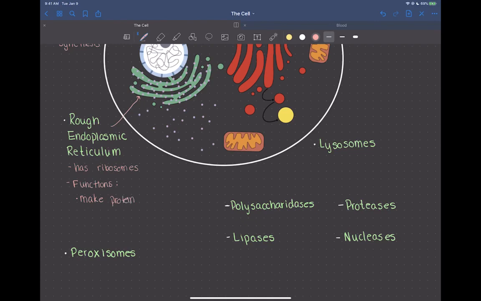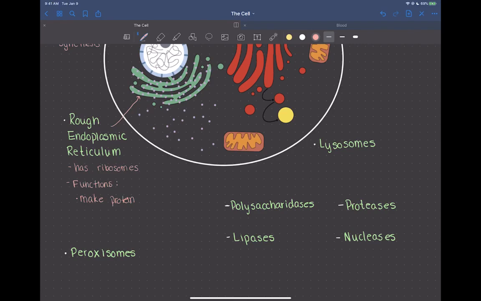Cells that need a lot of proteins made are going to have a lot of rough ER. In particular, neurons would have a lot of rough ER. Muscle would have a lot of rough ER, to make the proteins for muscle contraction.